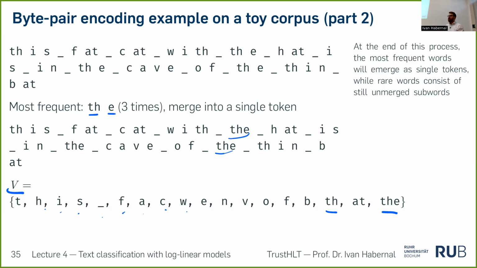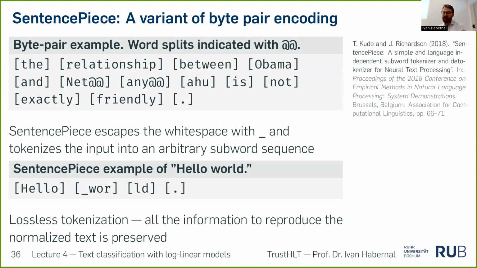So white spaces are tricky, and that's why, besides byte pair encoding or BPE, there are better ways to handle white spaces, and this is SentencePiece. SentencePiece escapes the white spaces with an underscore first, and then tokenizes the input into an arbitrary subword sequence.